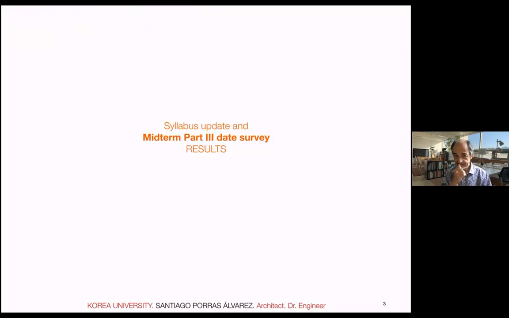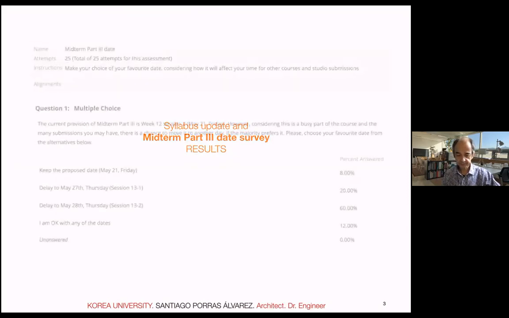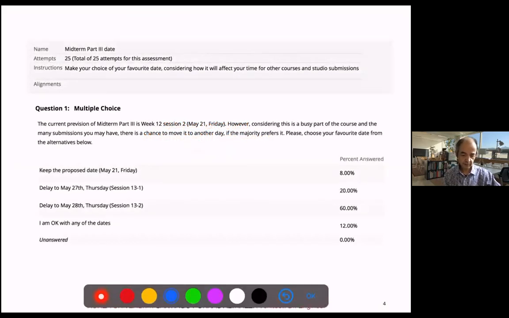Before that, as you know, we had a survey to decide the date of midterm part 3. I closed the survey 15 minutes ago, and here are the results. In total, 25 people participated, which is a bit less than 50% of the class, but the results are very clear.